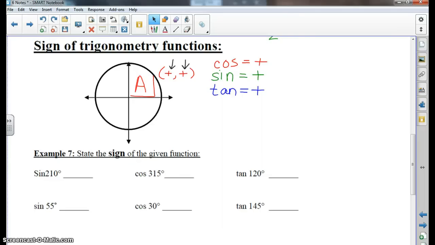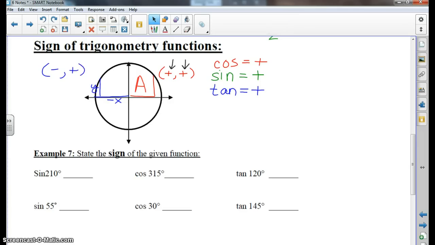In the second quadrant, when we go left and up, we will find that the x value had to move left and therefore is a negative number, while the y value is still moving north and is therefore a positive number.